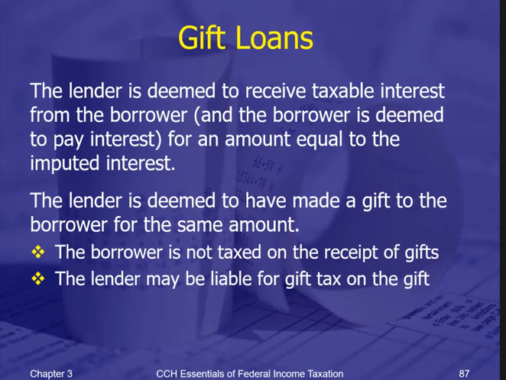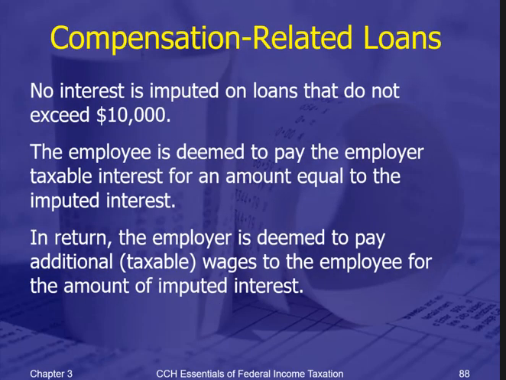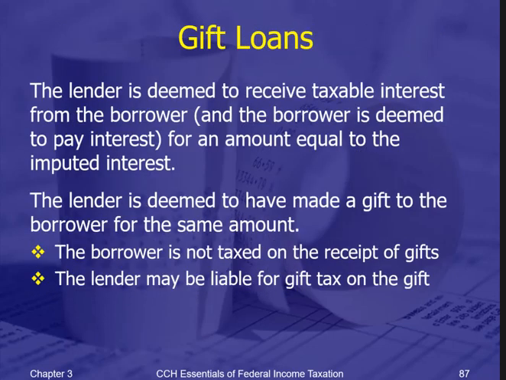Then it is treated as a gift, because the lender is deemed to give the money back to the borrower since no money actually changed hands. We're not going to worry about gift tax right now. Basically, the lender is going to have income, and the borrower is going to have potentially a tax deduction for the interest, even though it wasn't paid.